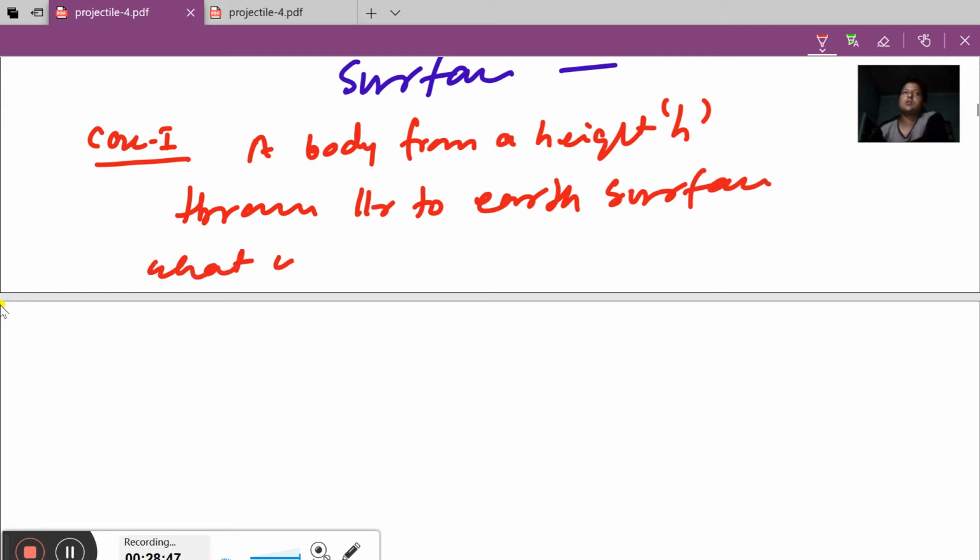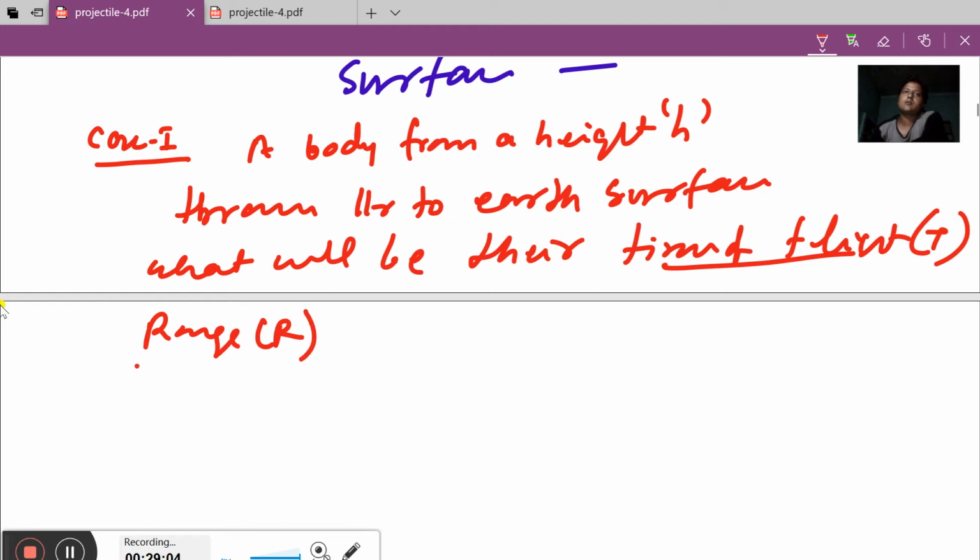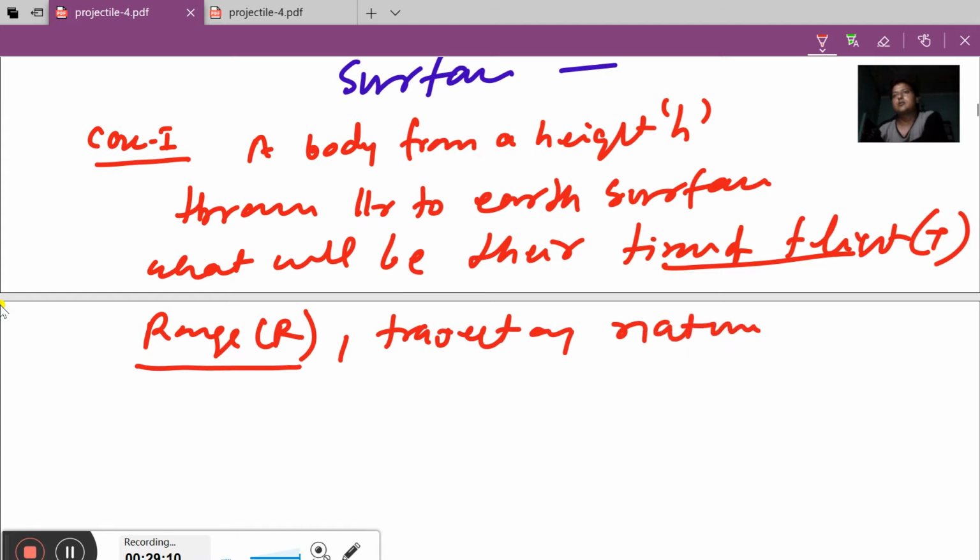What will be their time of flight, horizontal greatest displacement, trajectory nature, as well as equation of trajectory?